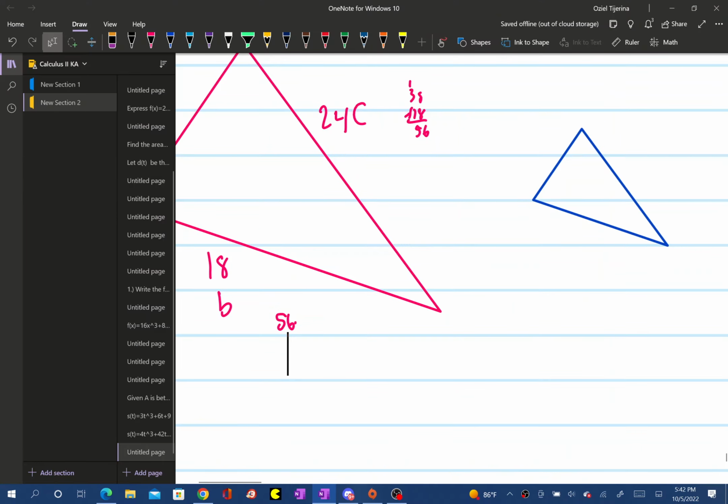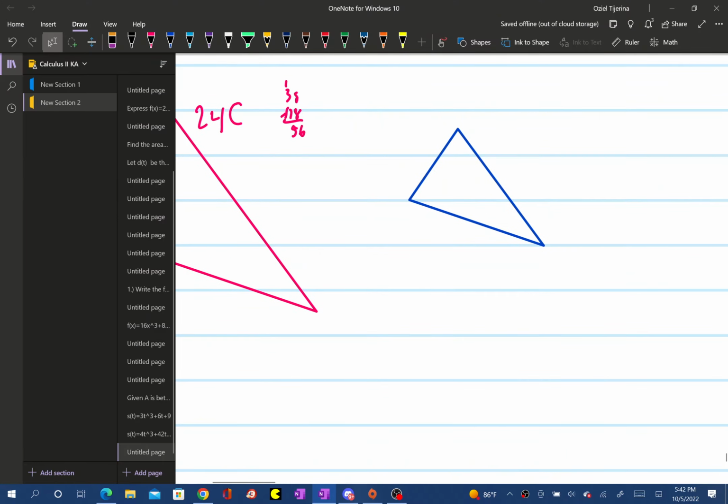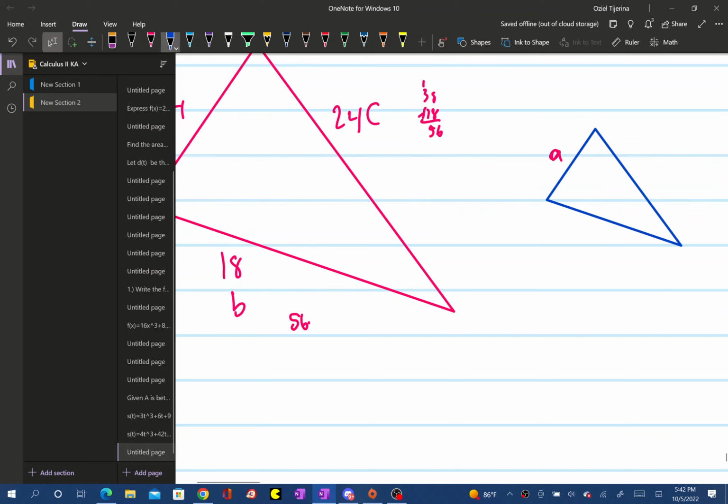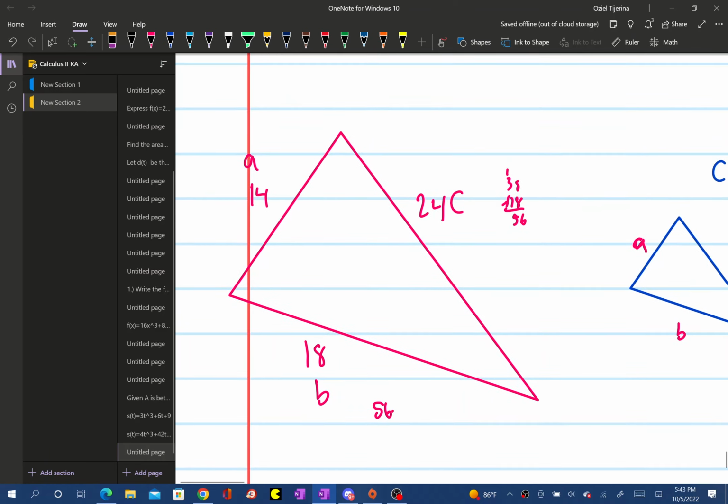So that means that for my A, B, and C values, I think 1/3 of that.